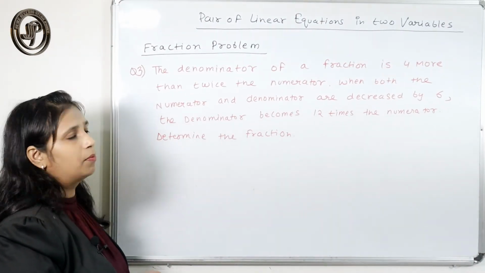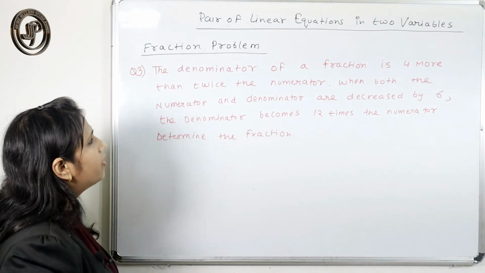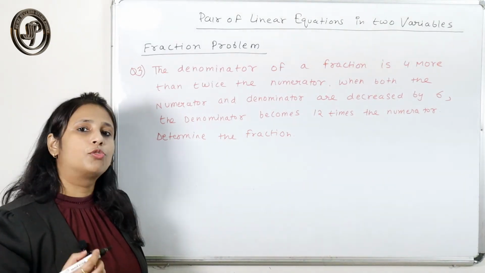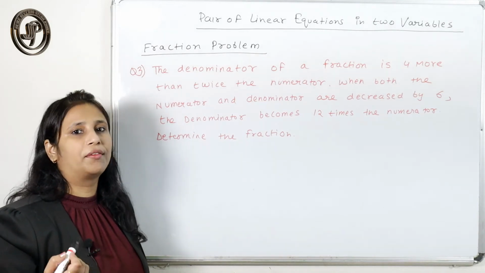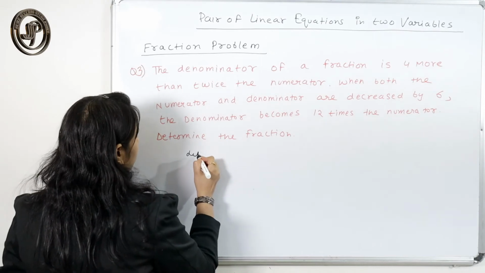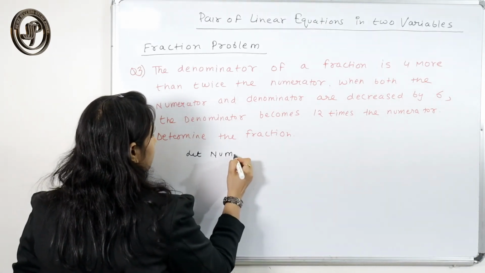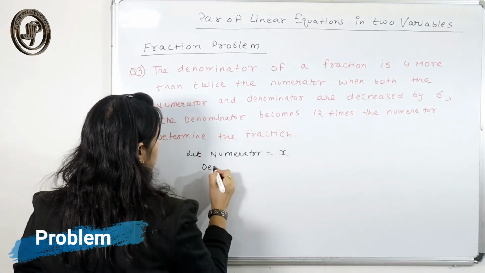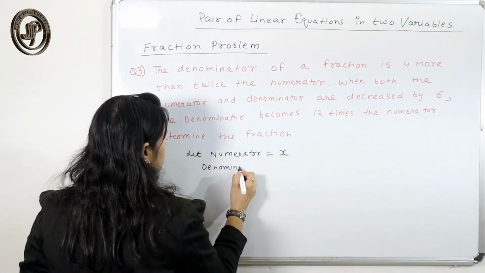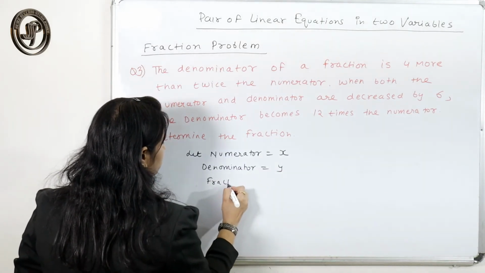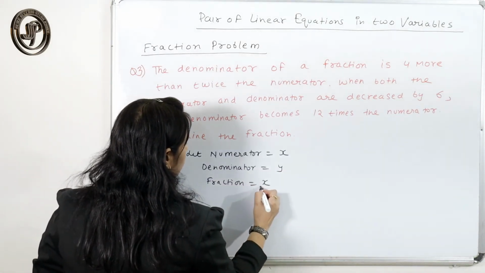So, the fraction problem. To do the fraction problem, first you should know what a fraction is. A fraction is the ratio of numerator and denominator. Whenever we need to do a fraction type problem, first we write: let numerator equal x, denominator equal y, then your fraction becomes x upon y.